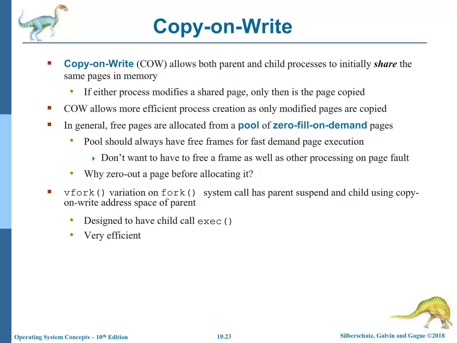This is a reasonable approach since the child process usually issues an exec system call immediately after the fork. Obviously, only pages that can be modified even need to be labeled as copy-on-write.